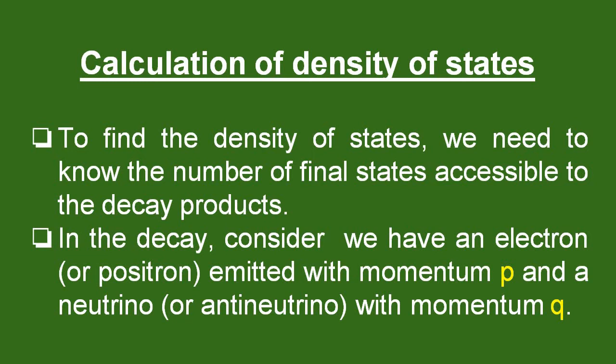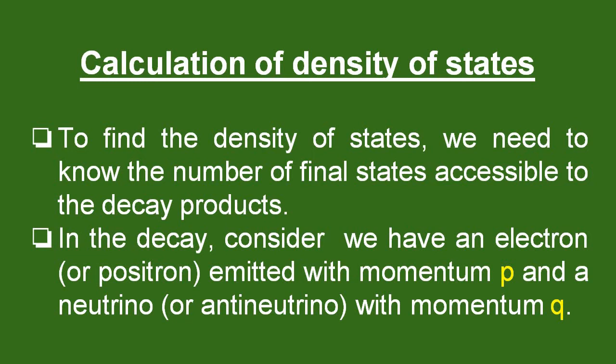That is why you are getting a wide range for that spectrum. So we must know the number of final states accessible. Not all states may be accessible to the initial stage. So that interaction is determining actually what is the final state the electron has to reach.